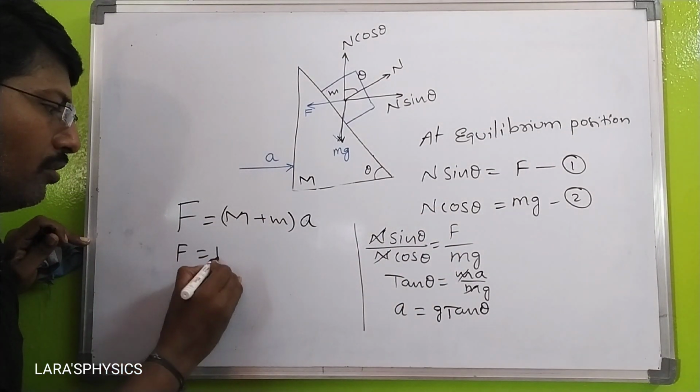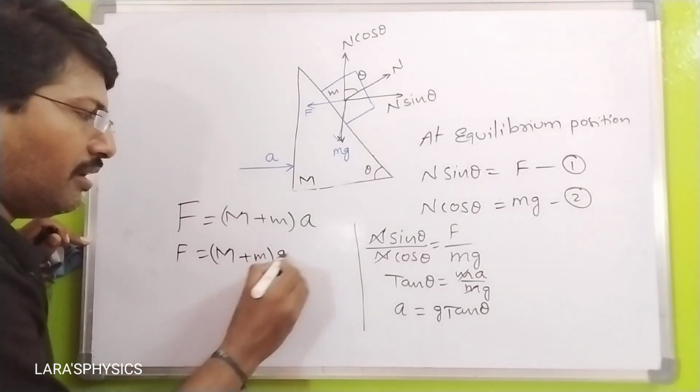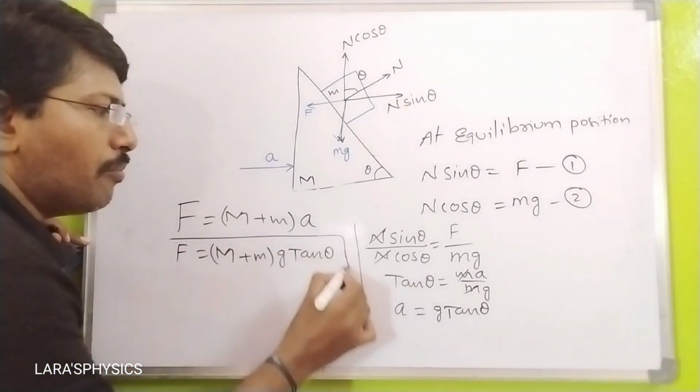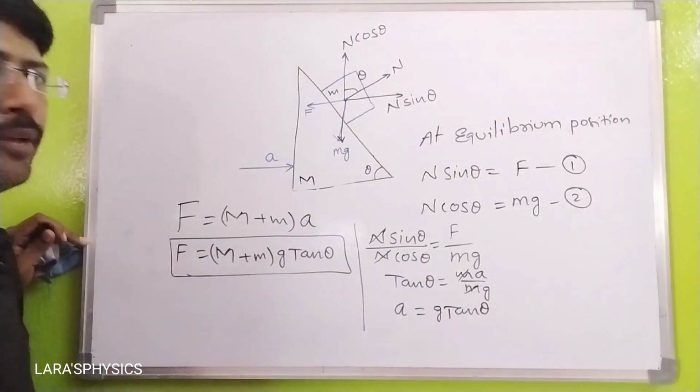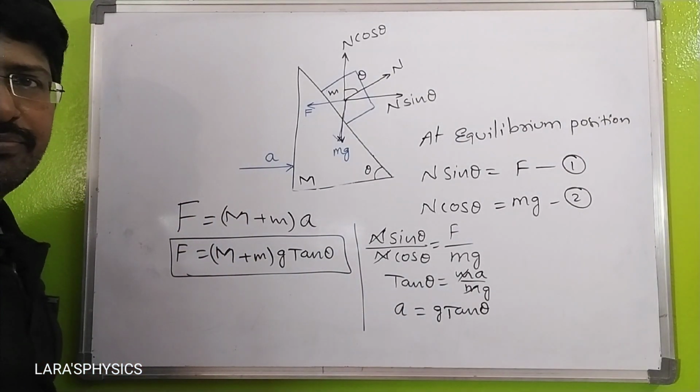F is equal to capital M plus small m into g tan theta. So this is the minimum force required to keep the small block on the wedge in equilibrium position.